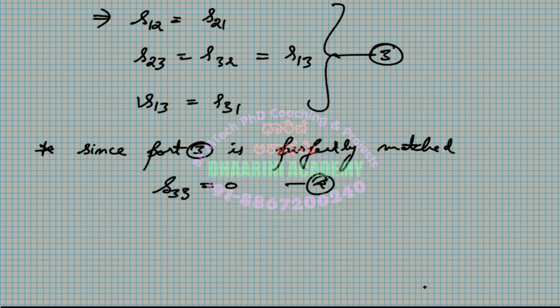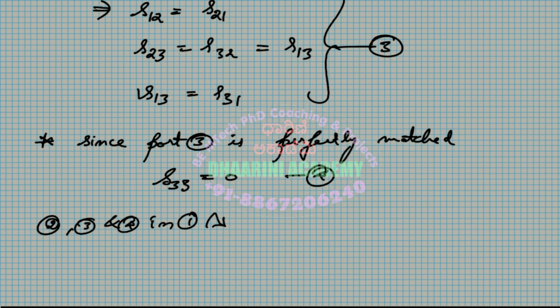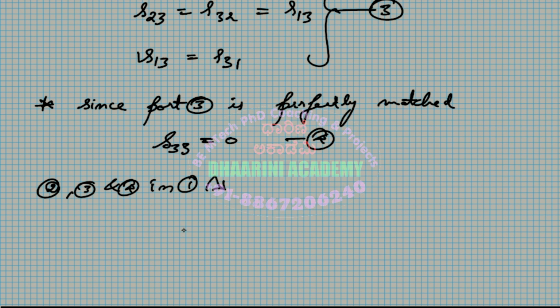Using equations 2, 3 and 4, now you update. This is how you update. The S matrix becomes S11, which is unique; S12 as it is, S13 as it is. Whatever I write here will be equal to S12 itself, so I don't have to write S21. S21 and S12 are the same.